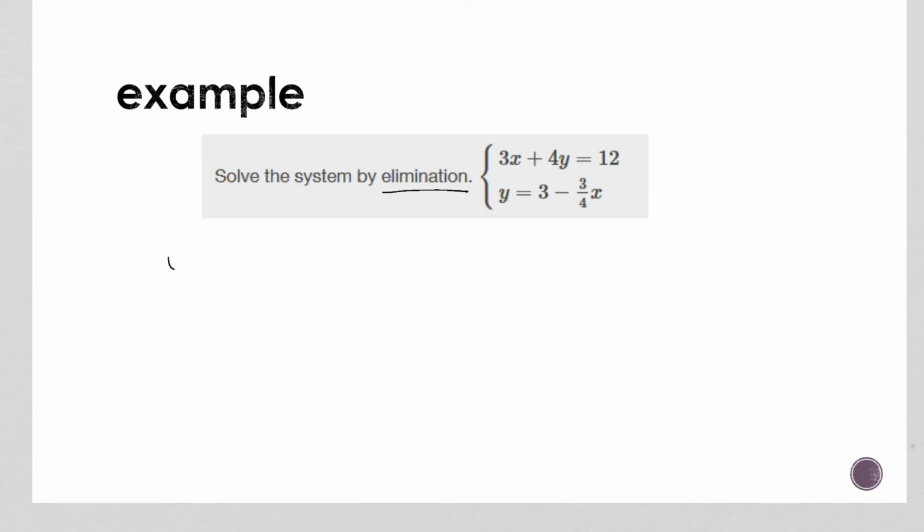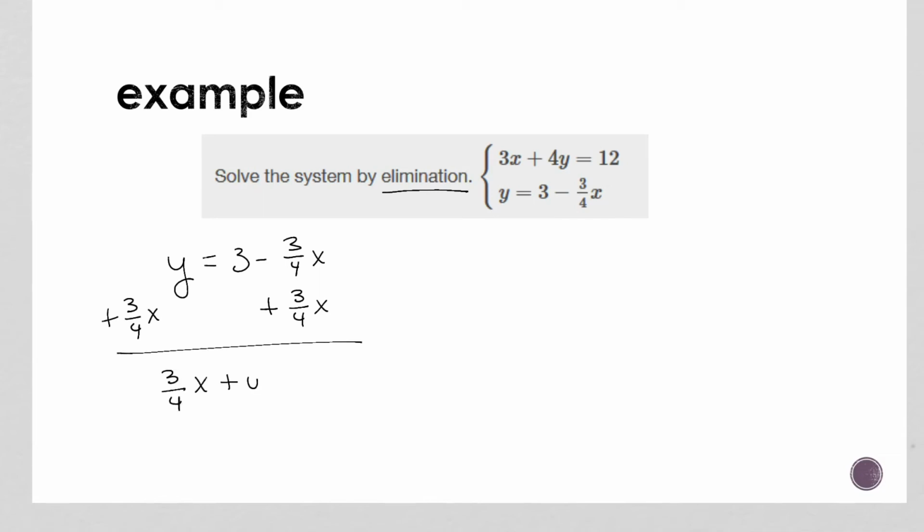All right, so first thing I would do is I would move my x term to the left side of that equal sign. So I get 3/4 x plus y is equal to 3.